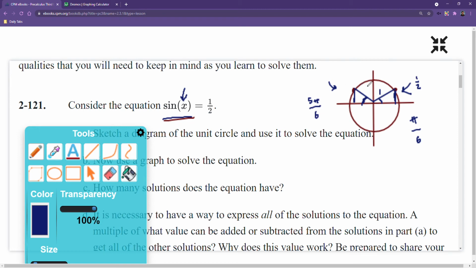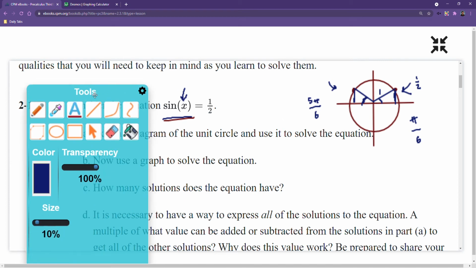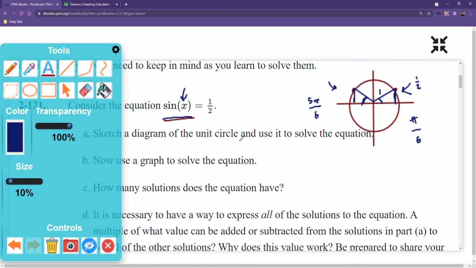So those are two of the solutions where y, or sine, is equal to 1/2, right? Cosine here would be equal to the square root of 3 over 2, but we're not looking at cosine, we're just looking at sine. Okay, so we have sketched the diagram of the circle.